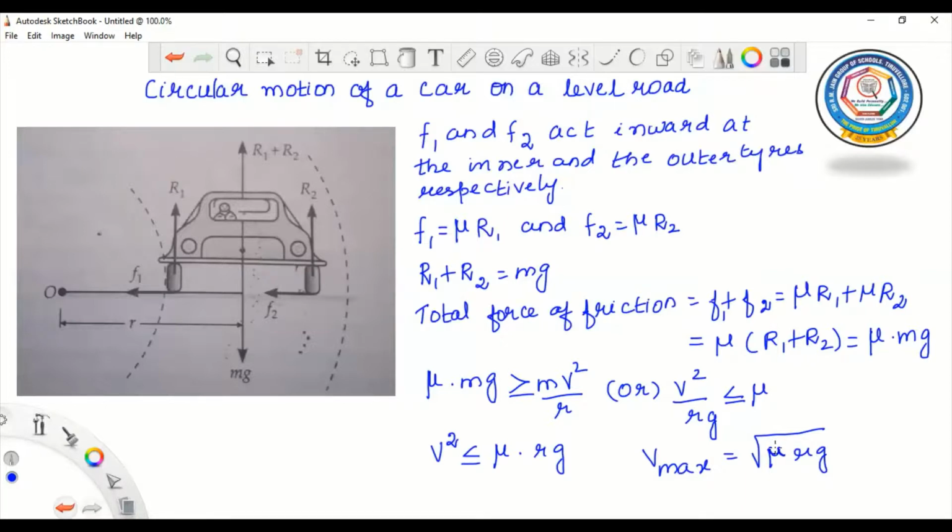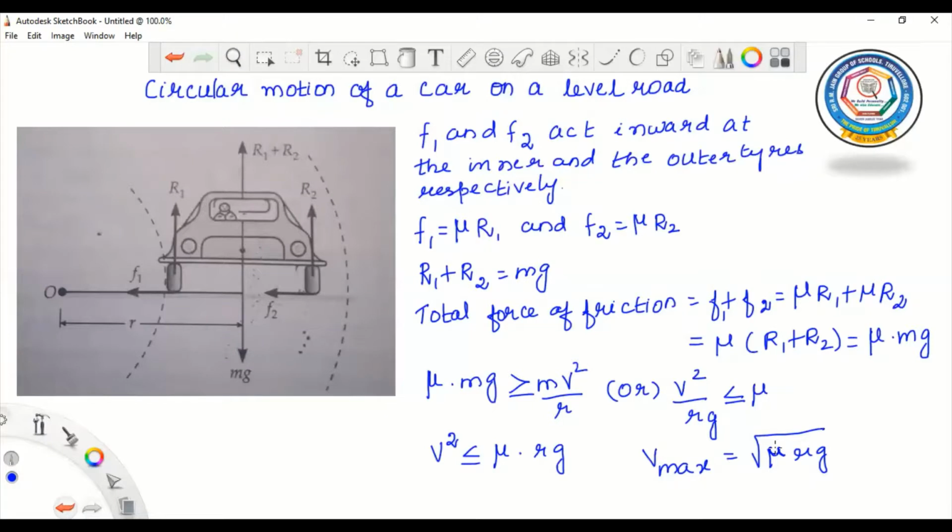If the speed exceeds this maximum velocity, then the car will skid and go off the road in a circle of radius greater than r. This is because the maximum available friction is insufficient to provide the necessary centripetal force.